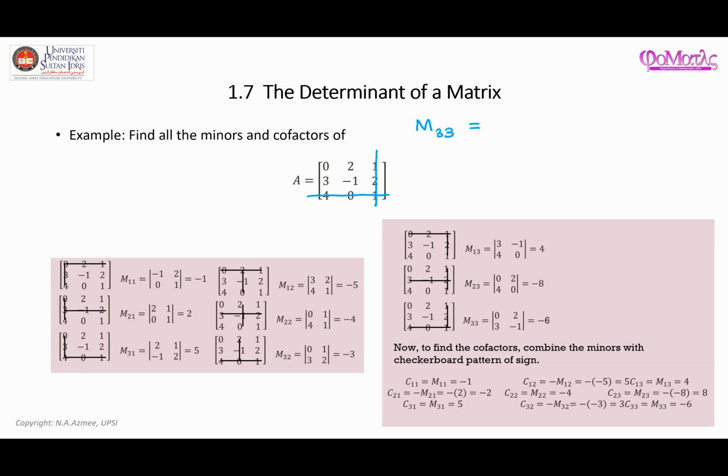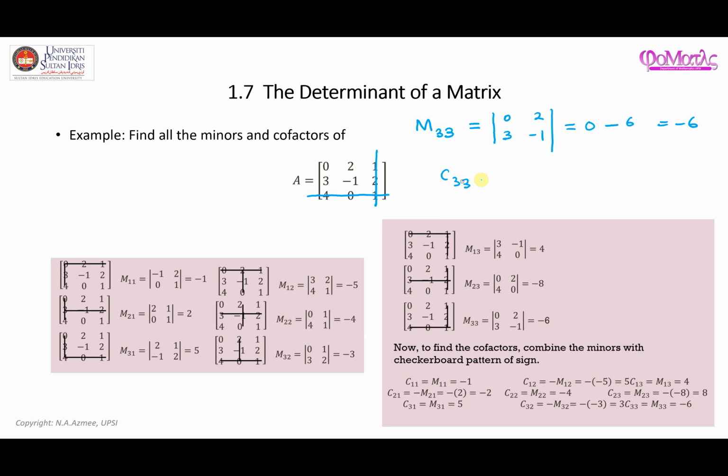Your matrix is going to be all the values that are left here, and it becomes 0, 2, 3, negative 1. In order to find the determinant of this 2 by 2 matrix, we're just going to cross and multiply. This is going to be 0 minus 6. So the result here is negative 6.